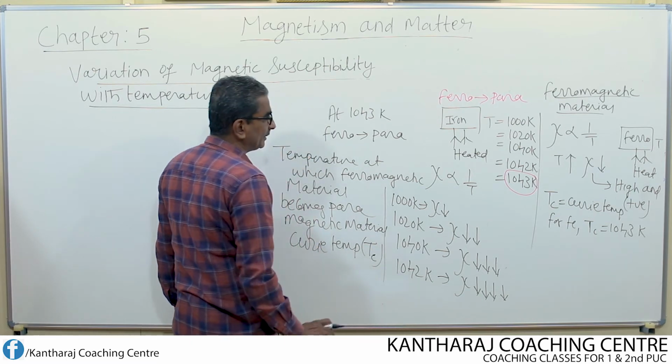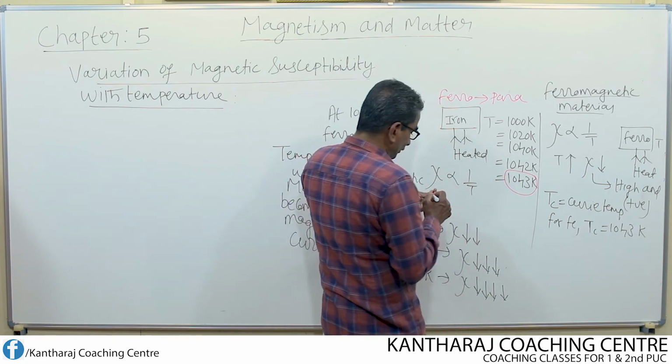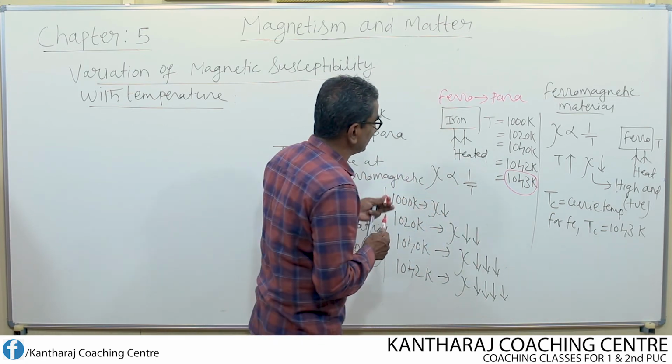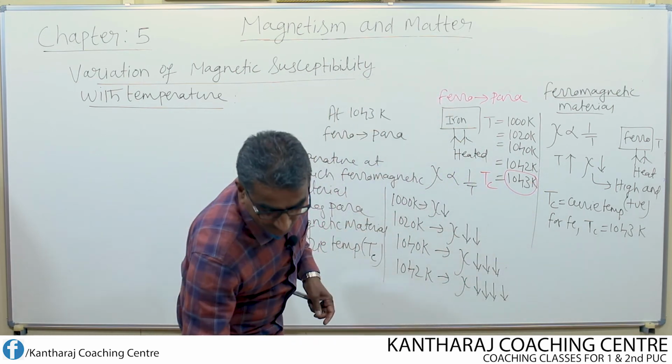C is the subscript. Then what is the Curie temperature for iron? So Curie temperature for iron is nothing but Tc, which is equal to 1043 Kelvin.